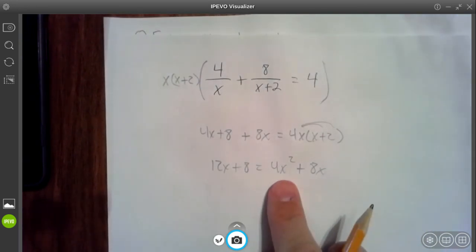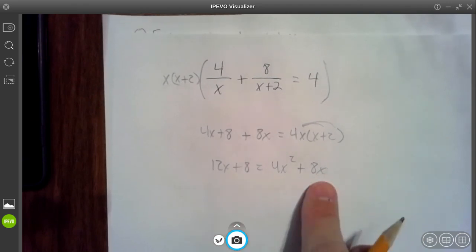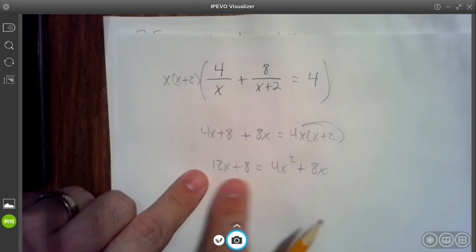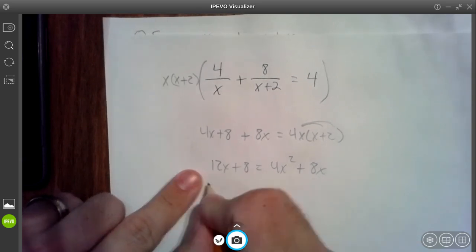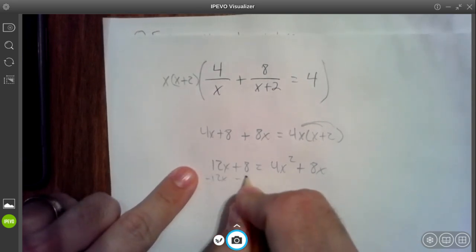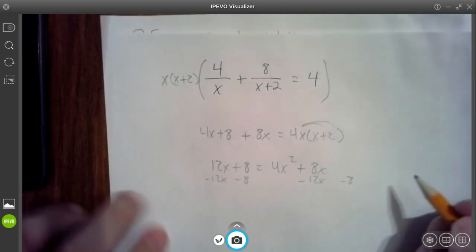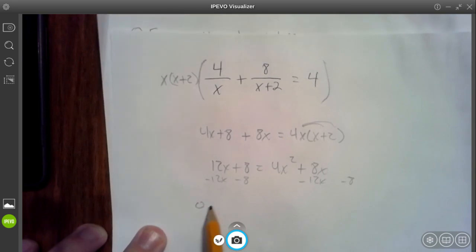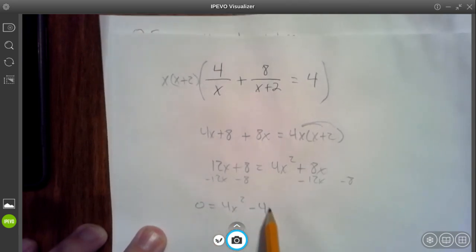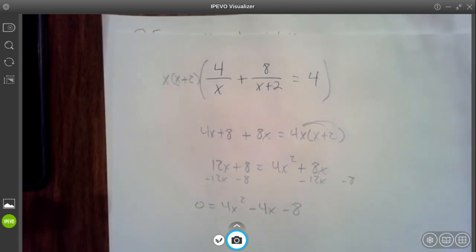I've got a quadratic equation and linear terms, so I'm going to need to move everything over to one side of the equation. I'm going to move these 2 terms over to this side, so move that 12x over, move that 8 over. It's going to give me 0 equals 4x squared minus 4x minus 8.